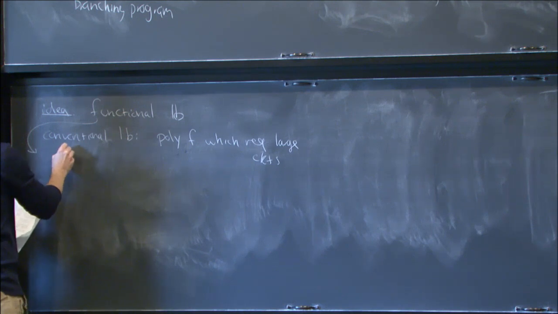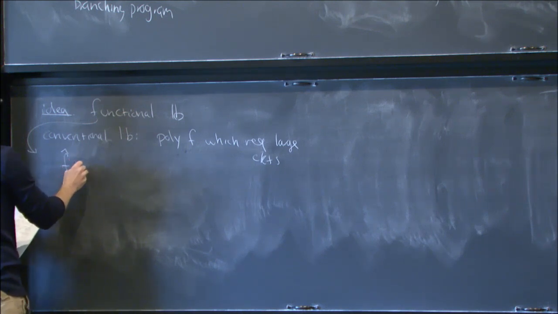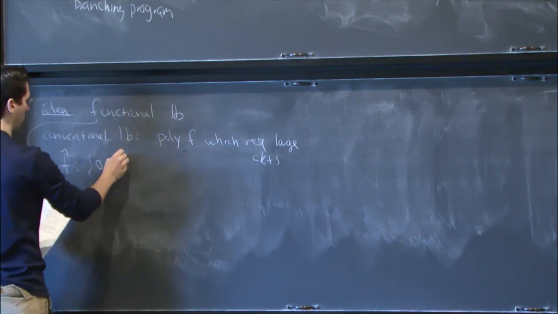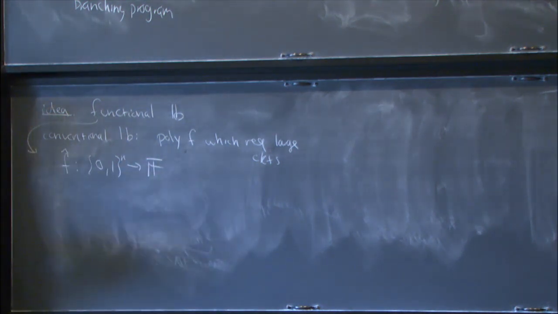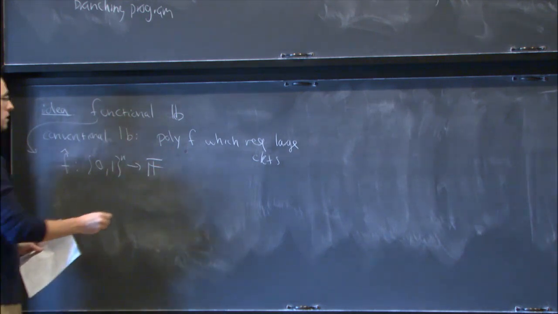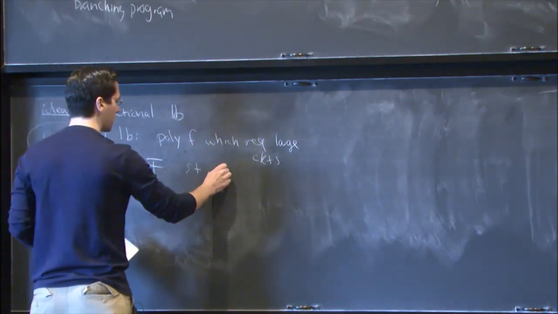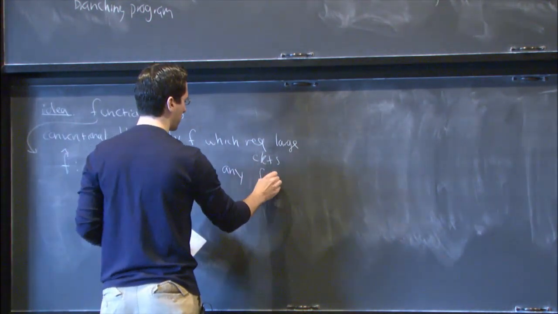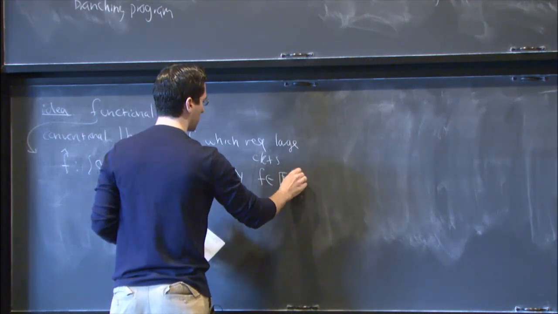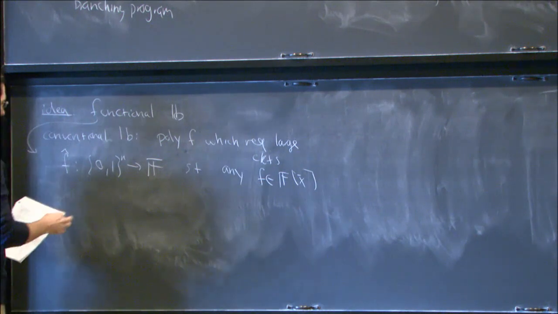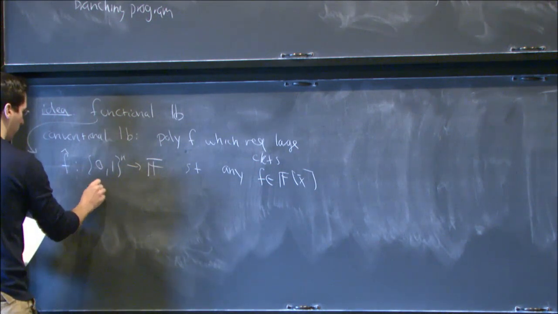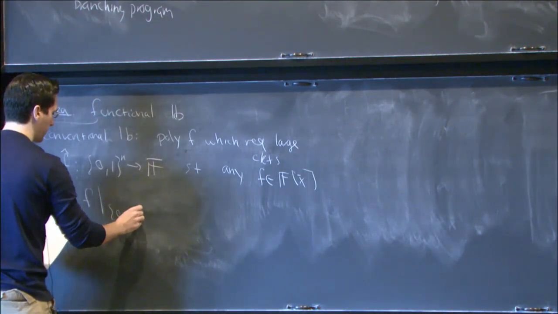It's going to be some f hat, which is a function from {0,1}^n to your field F, such that whenever you have a polynomial f that agrees with this function, that is, f restricted to the Boolean cube.